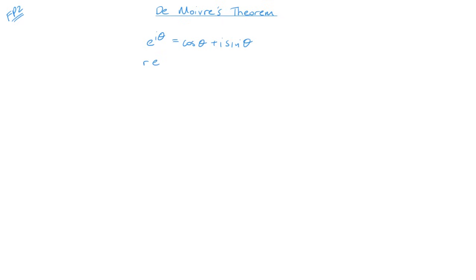So this is r cos theta plus I sine theta. So this is now a complex number. Now if I imagine starting with my r cos theta plus I sine theta, and I square it, that's going to be r e to the I theta squared, isn't it?